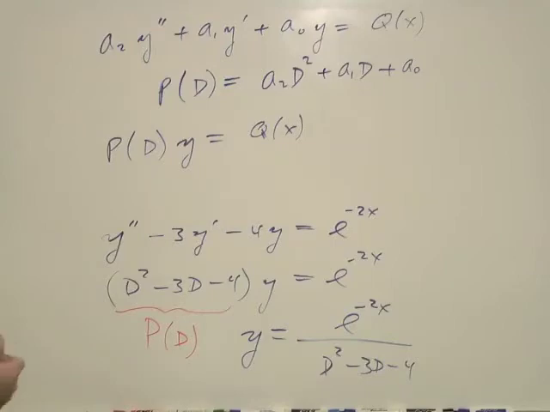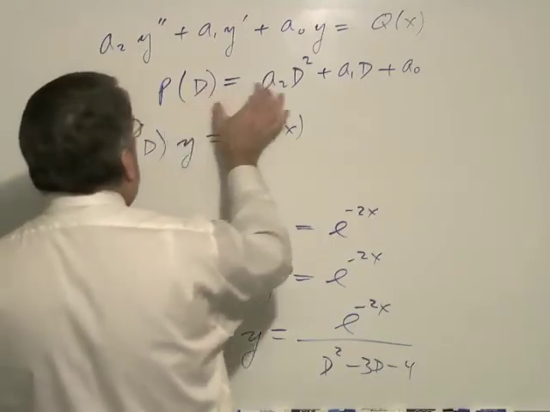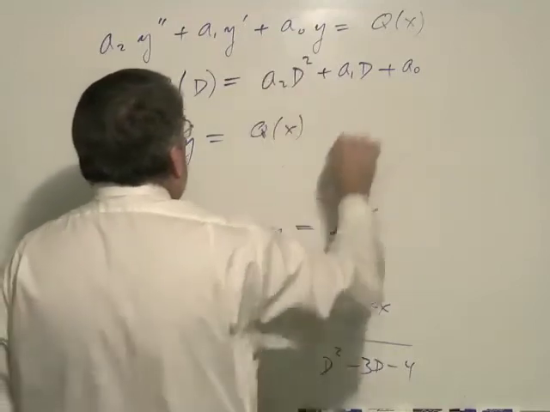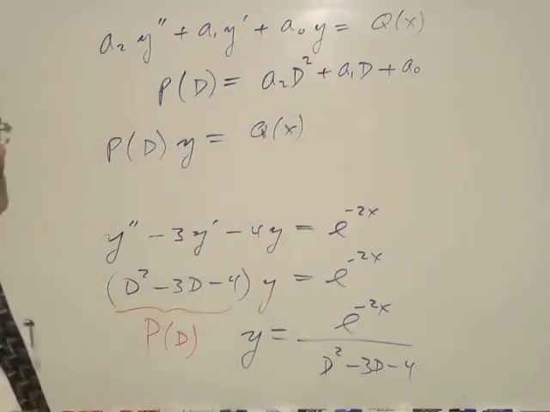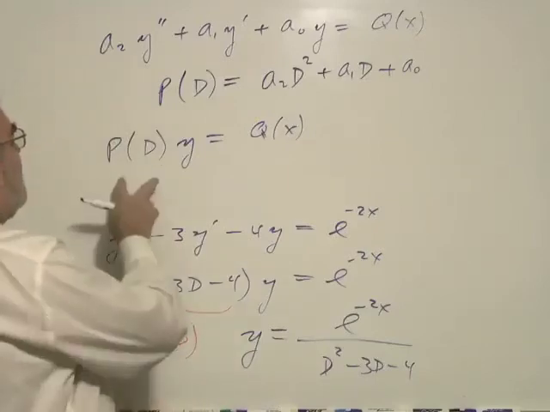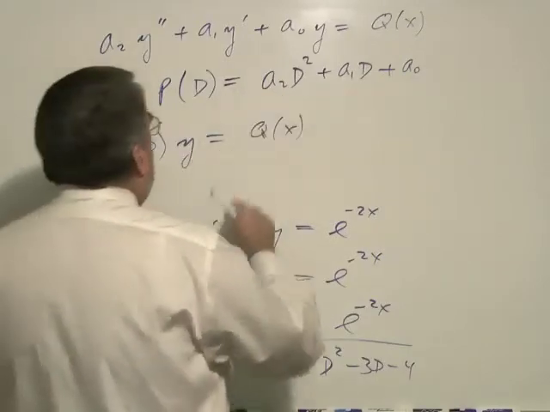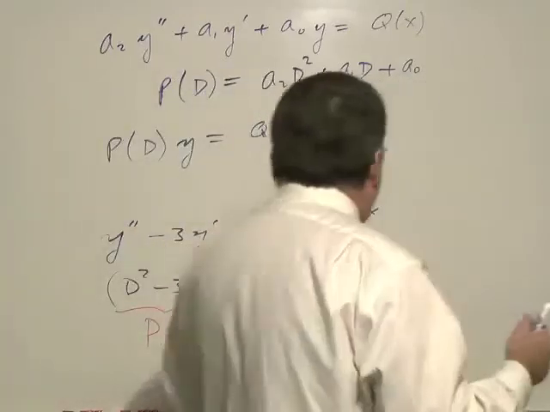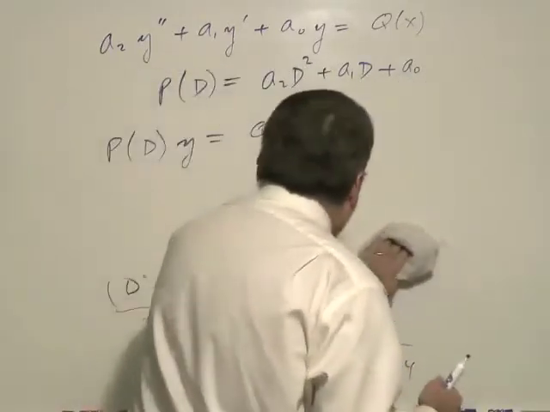And so up here, the polynomial operator siphons off this equation and writes it this way. Kind of resembles our characteristic equation, doesn't it? So this polynomial operator operating on y equals q of x. What is our method of solving?